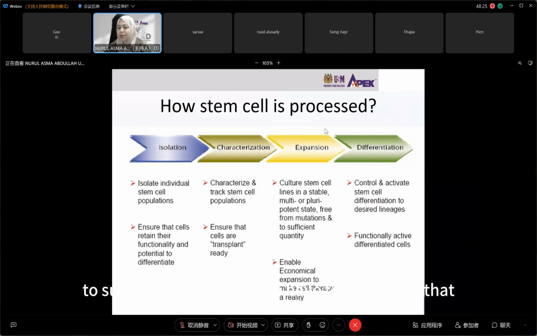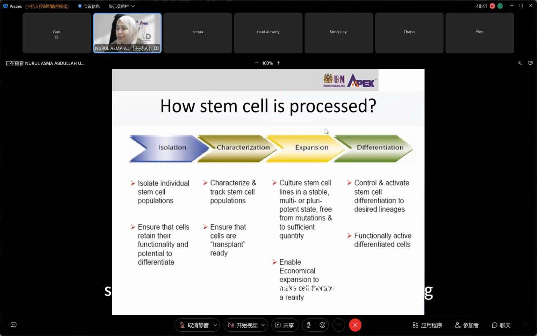So we have to make sure that the system to expand the cells, and expand means not to make them large, but to make them higher in number, is free from mutations.